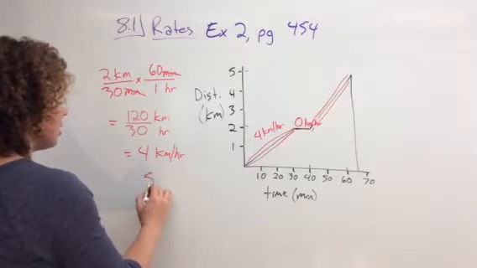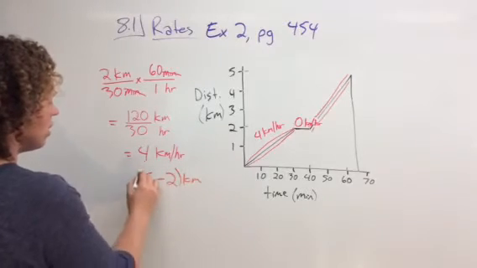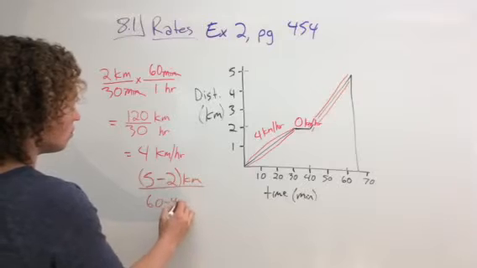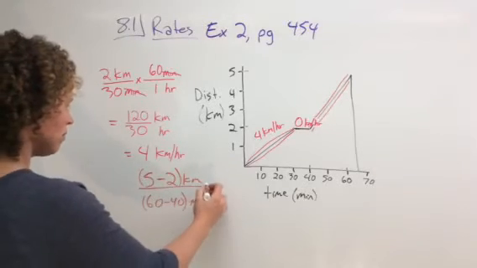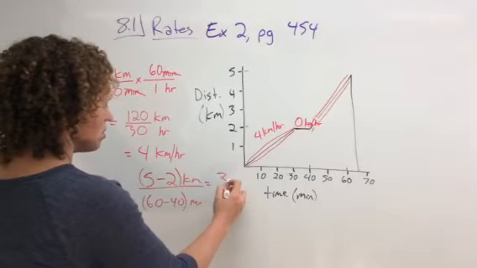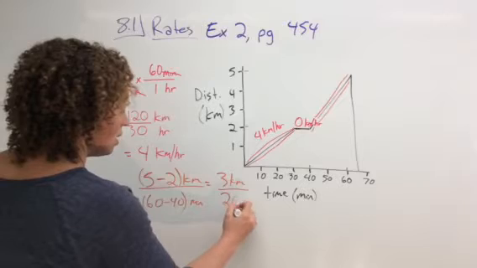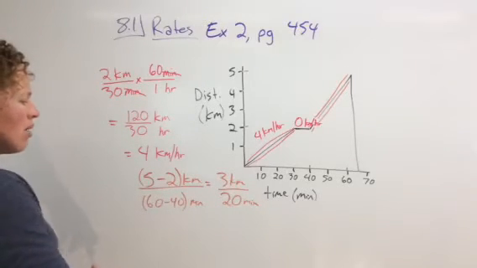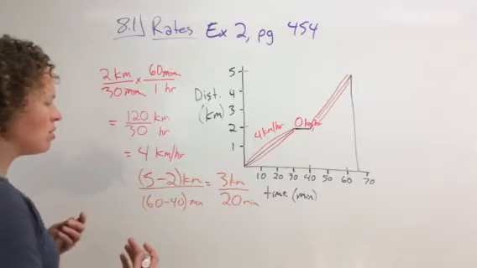So I would say that that's 5 minus 2 kilometers on the top over 60 minus 40 minutes on the bottom. 5 minus 2 is 3 kilometers. 60 minus 40 is 20 minutes. It's in minutes, not hours, which makes it difficult to imagine.